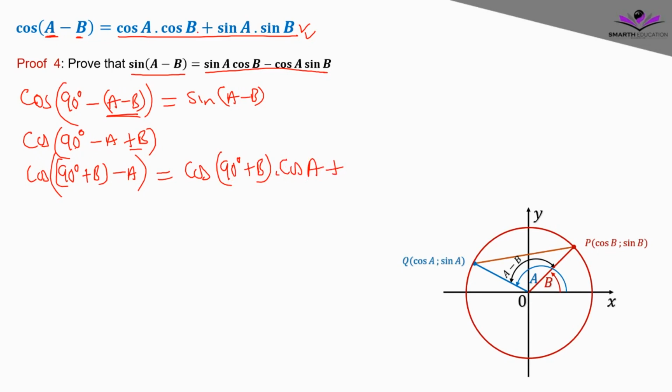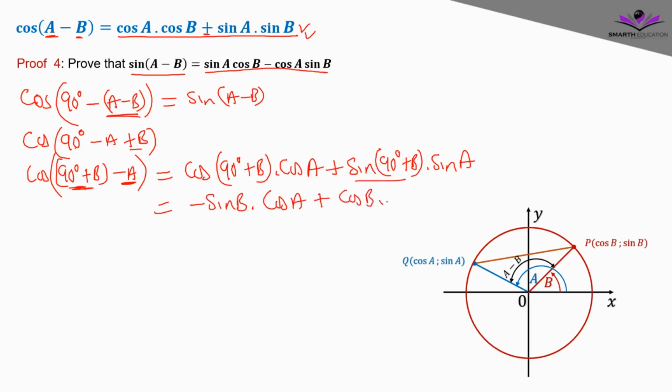Then plus this, plus sin(90 degrees + B) sin A. In this case, our B is like this one, A. Okay, right, and then cos(90 + B) is negative sin B. This is negative sin B cos A, and then plus sin(90 + B), that is cos B sin A, right?